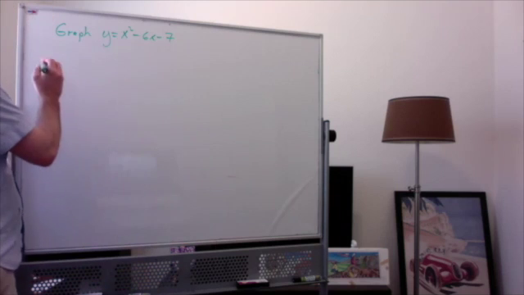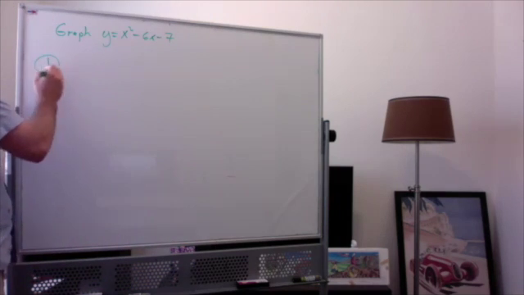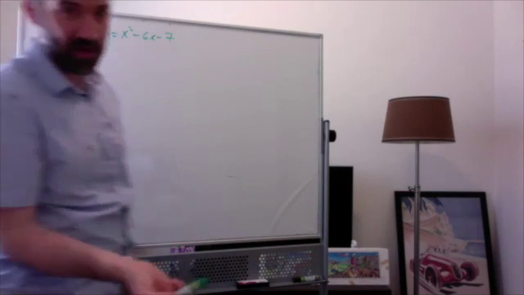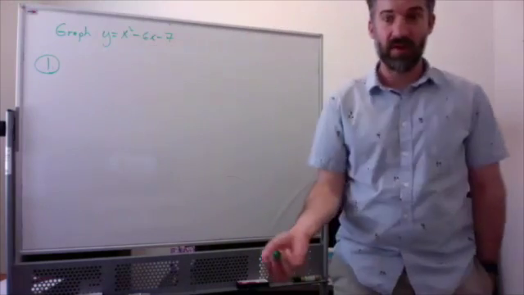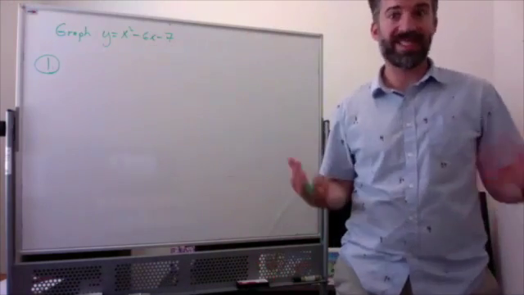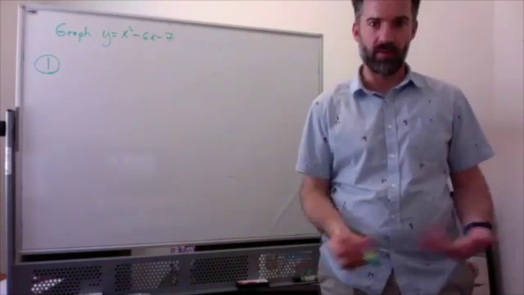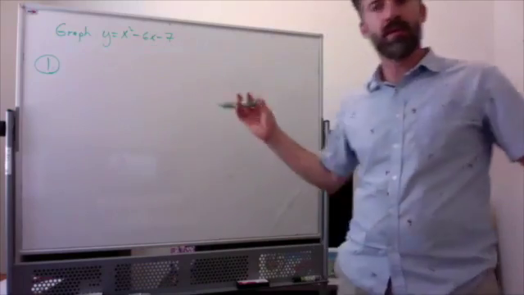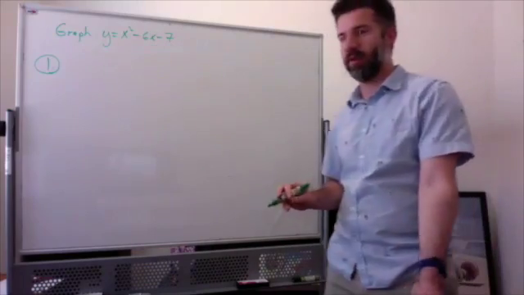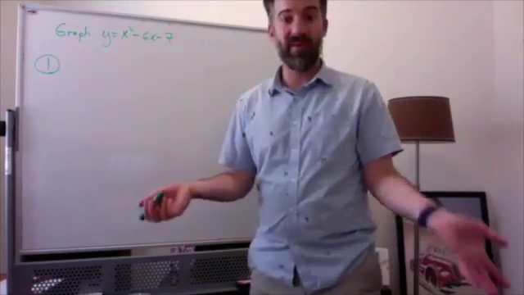So first and foremost, the number one thing we care about when we're graphing a parabola is the vertex. The vertex is the most important point on a parabola, without a doubt. How do we find the vertex?